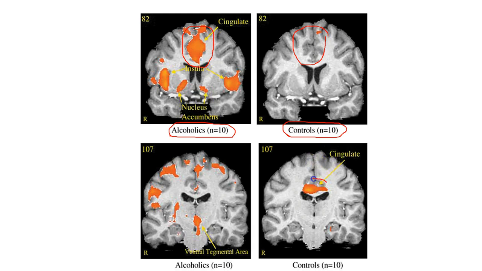Then you have areas like the cingulate, which is an area deep within the brain that's active in the control, but not so much in the brains of alcoholics. So again, this represents the fact that structurally the brain changes with chronic alcohol consumption, but functionally as well, the brain works differently in somebody who's been consuming alcohol for many, many years compared to healthy controls.